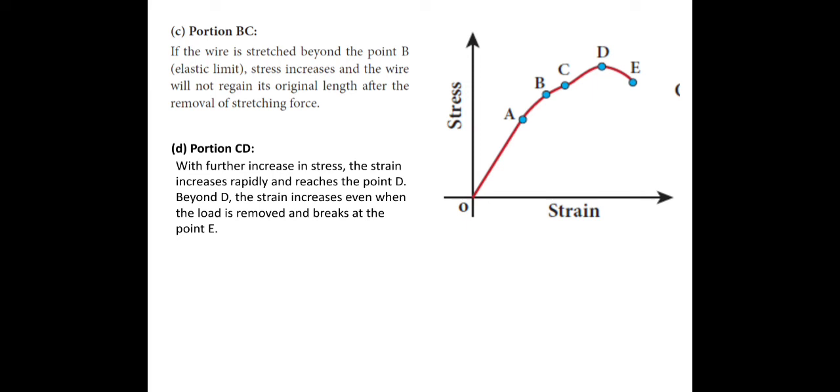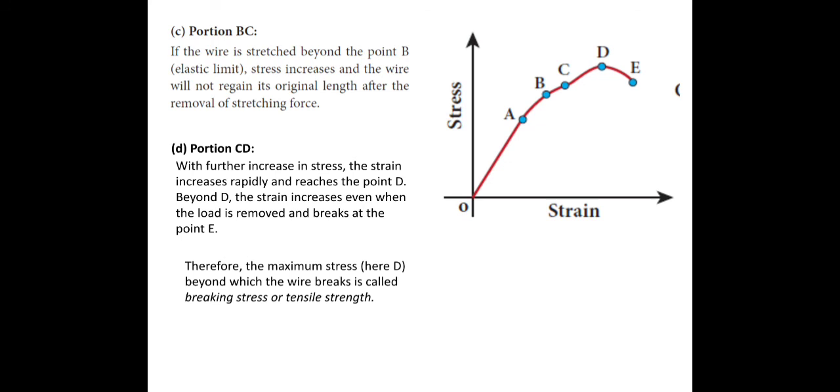So, the strain increases rapidly and reaches the point D. Beyond D, the strain increases even when the load is removed and the wire breaks at the point E. Therefore, the maximum stress, that stress corresponding to the point D, beyond which the wire breaks, is called breaking stress or the tensile strength of the material. The corresponding point D is known as the fracture point.